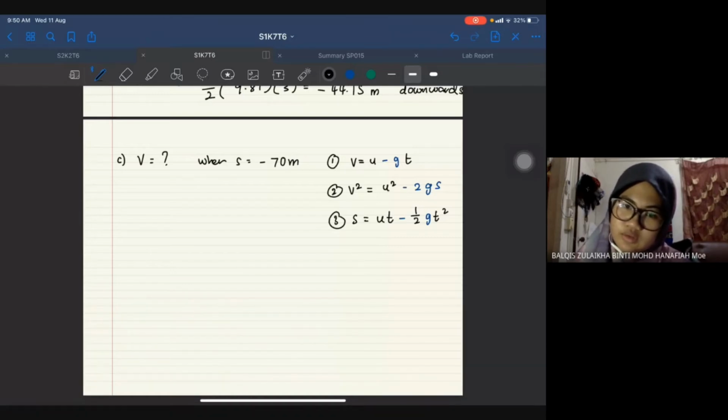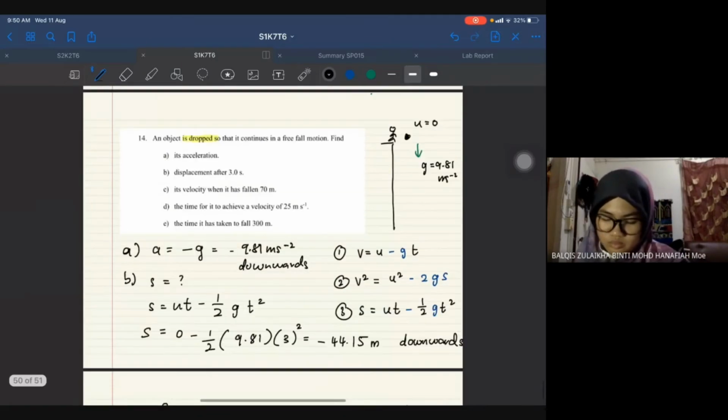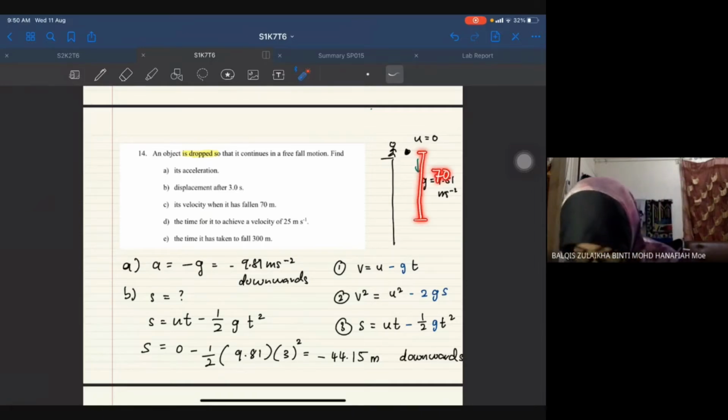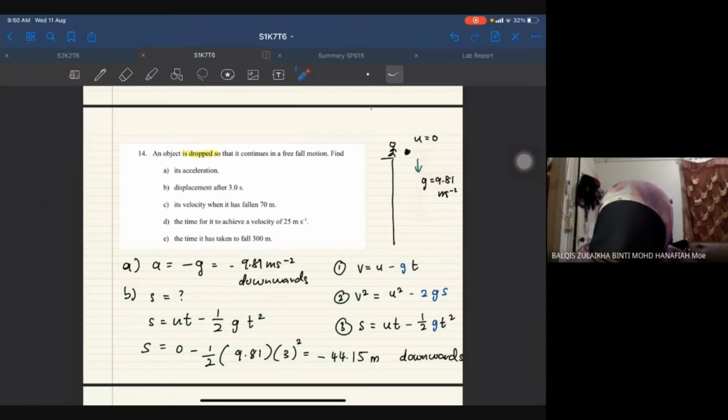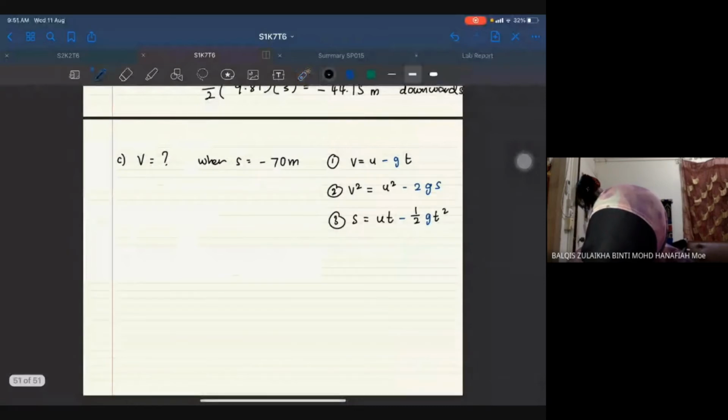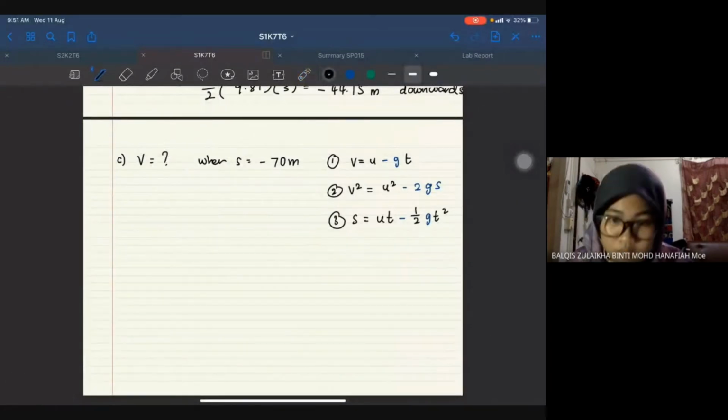Okay, correct. So the question says find the velocity when it has fallen 70 meters. That means when it has moved negative 70, what is its velocity? The key thing here is you have to substitute the negative, otherwise you cannot get the answer. Which equation to use?